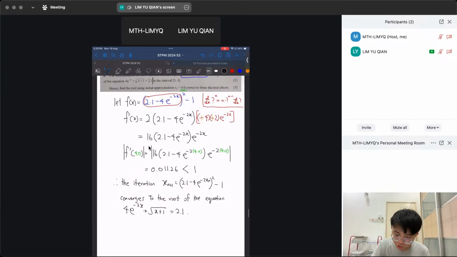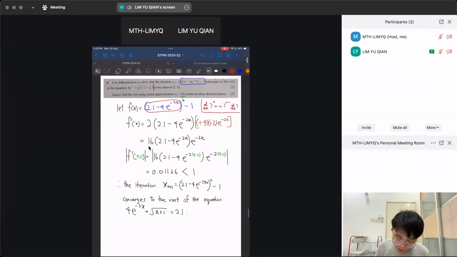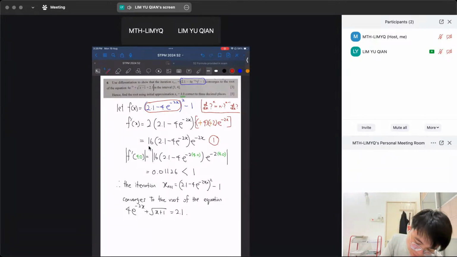Okay, so here I got 3 marks already. So your marks should be: differentiation, I think got 1 mark, and if you use a correct method, then I think differentiation got 2 marks.